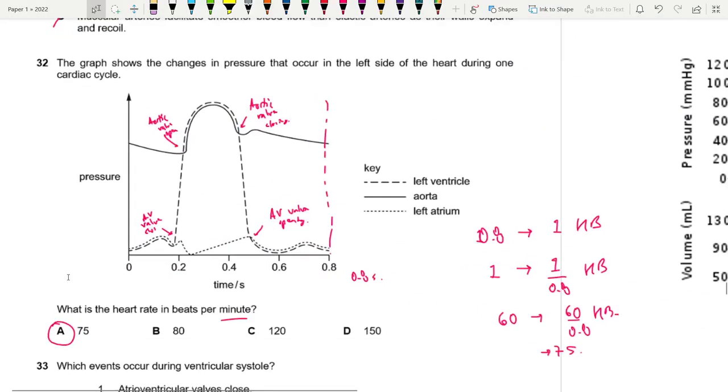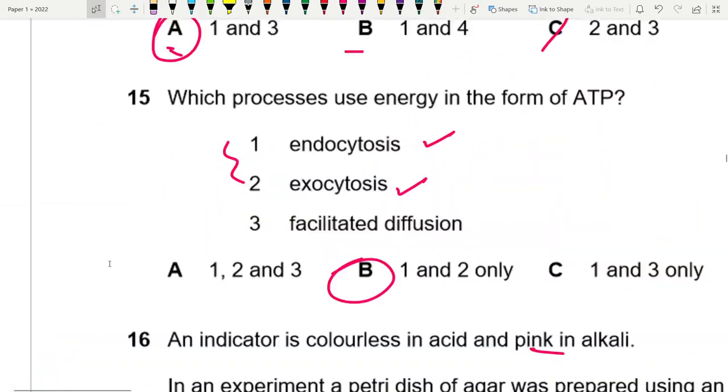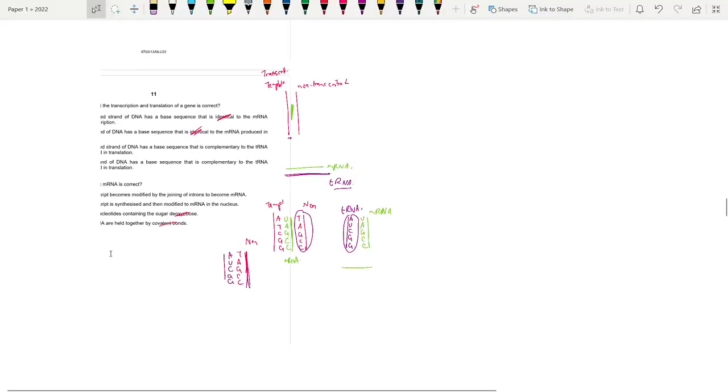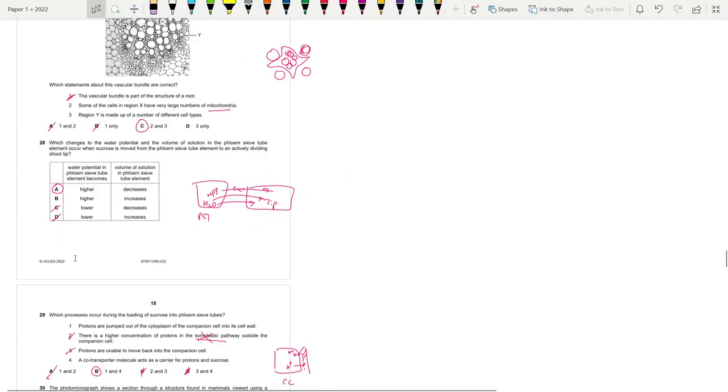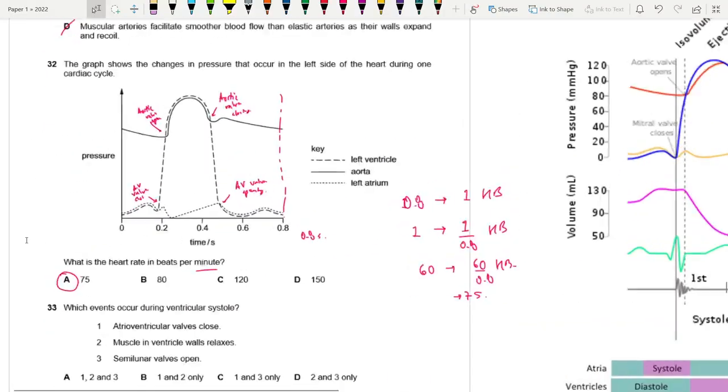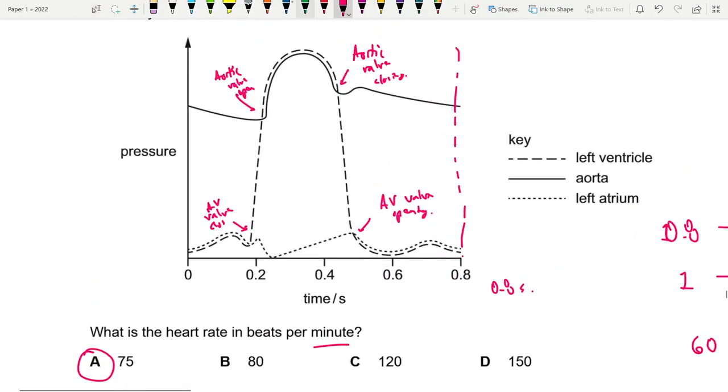So what's happening in this section, from this moment onwards, to this section, the ventricle is full because it's in a closed space.